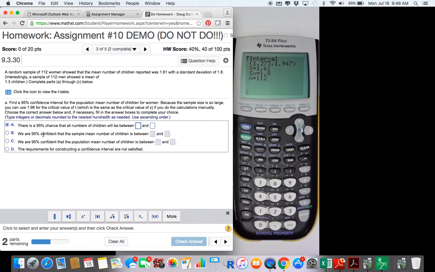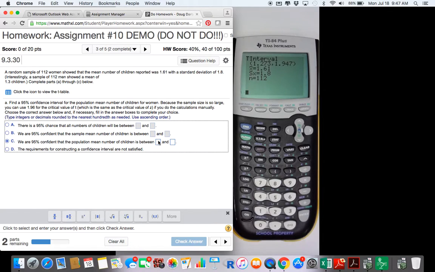B: we are 95% confident that the sample mean number of children, well, that's goofy too, because we know that the sample mean number of children is in our interval because we use that to create our interval. It has to be in the middle. So I'm 100% sure that my sample mean is in my interval. We are 95% confident that the population mean number, okay, now I'm getting closer. So gang, that's what we're estimating.